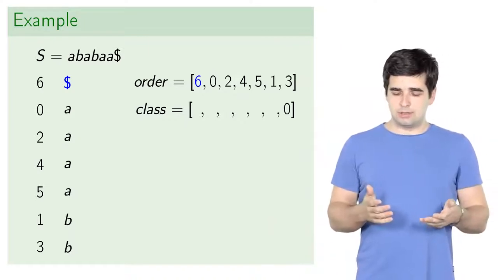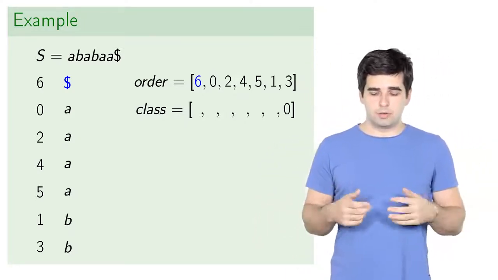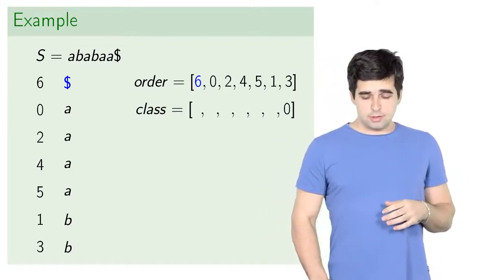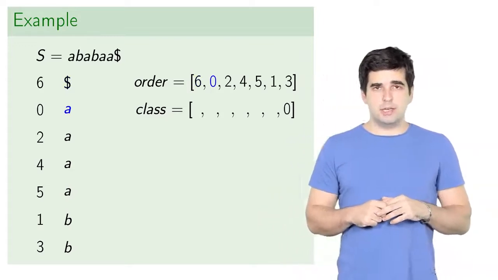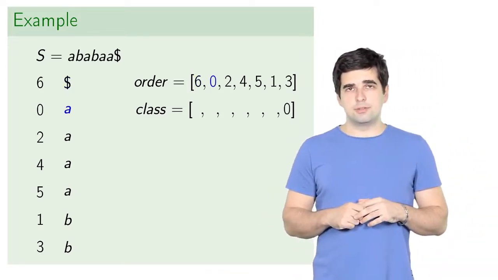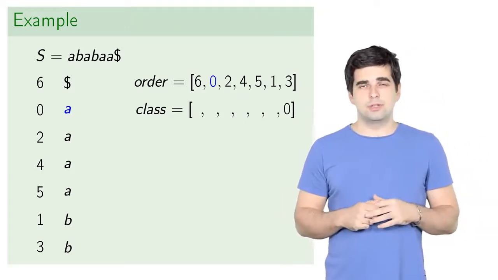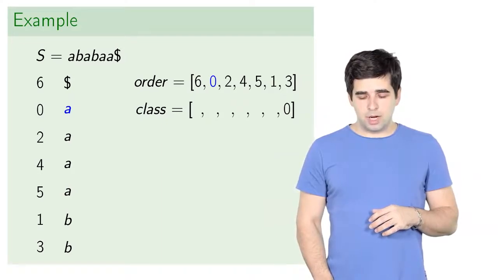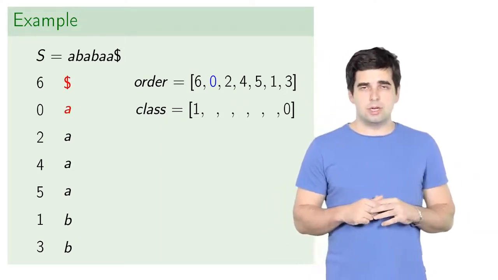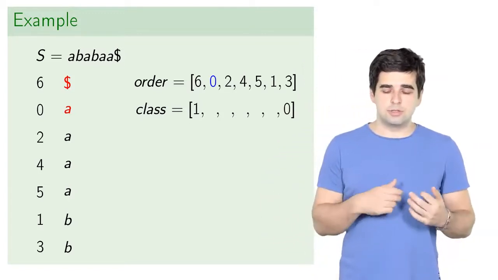And we initially set up array class to be of length equal to the length of the string, of course. The next smallest cyclic shift is letter A, and it is different from the previous smallest one, which is $. So we need a new equivalence class for A. And so we assign 1 to the equivalence class of A, which is in position 0 in the initial string.